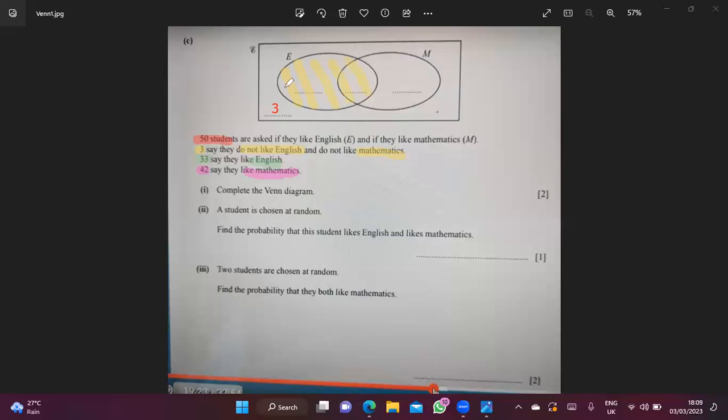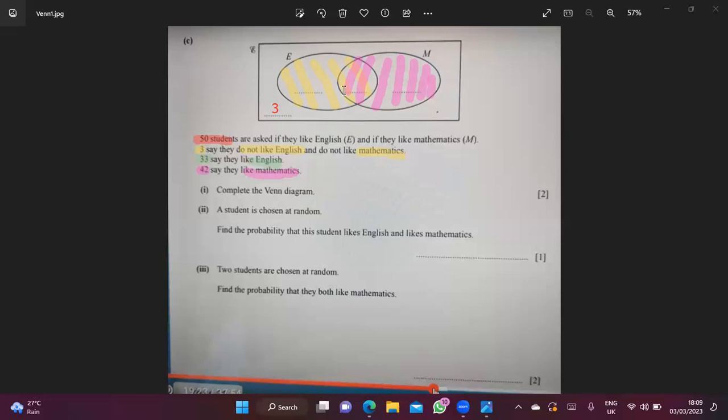There is 33 people. What about 42? Well, 42 say they like maths. Okay, this is maths, yeah? Now you can see that there is actually an overlap there. So the best way to solve this problem is using your algebra.